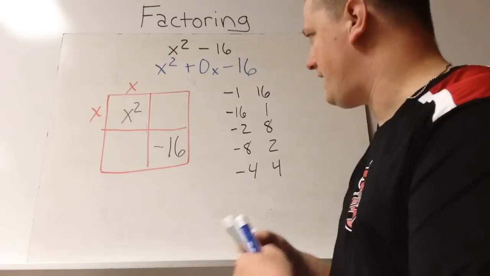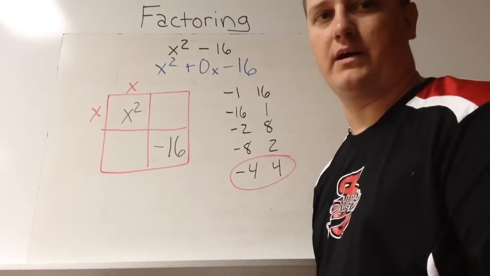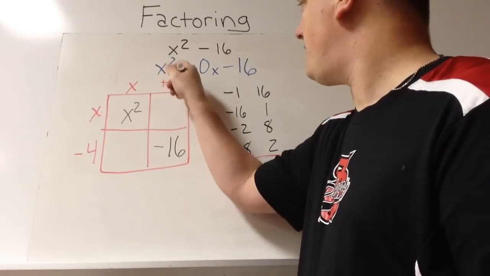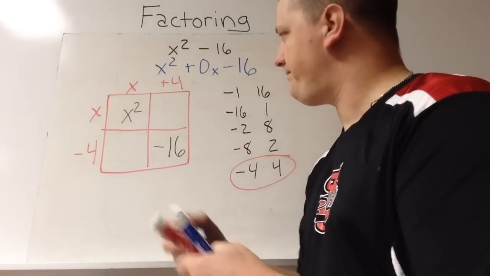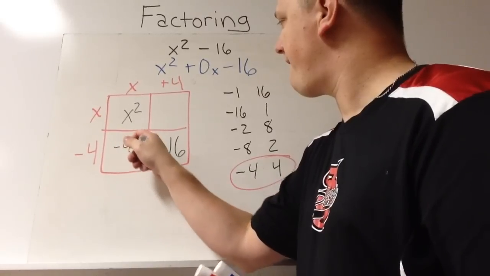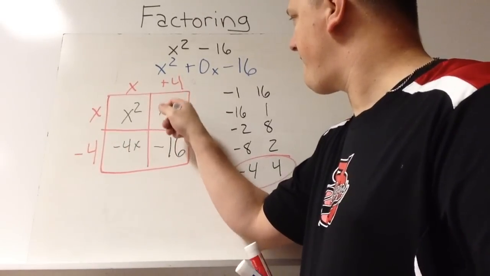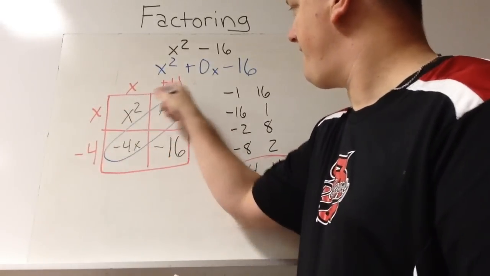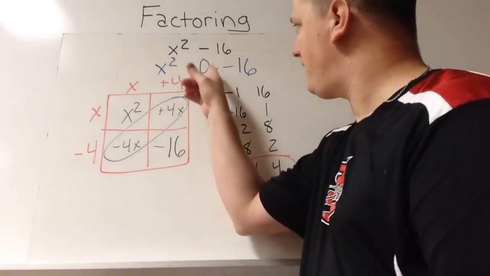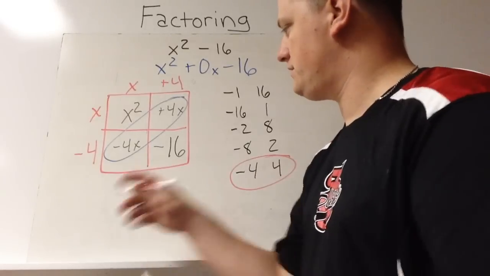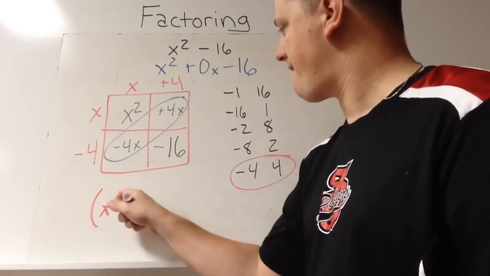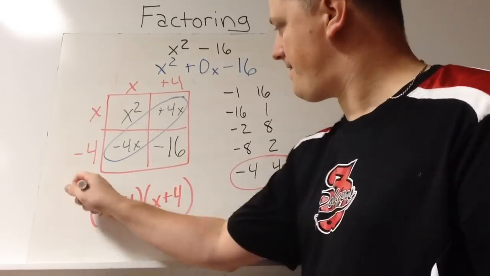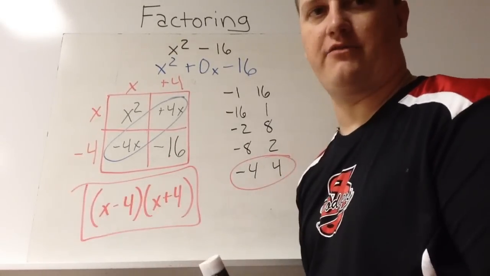And the only one that looks like it adds up to 0 is negative 4 and positive 4. So I'm going to put negative 4 here, positive 4 there, and I'm going to test it out. Negative 4x and positive 4x make 0x, so this one works. There's our factored form.